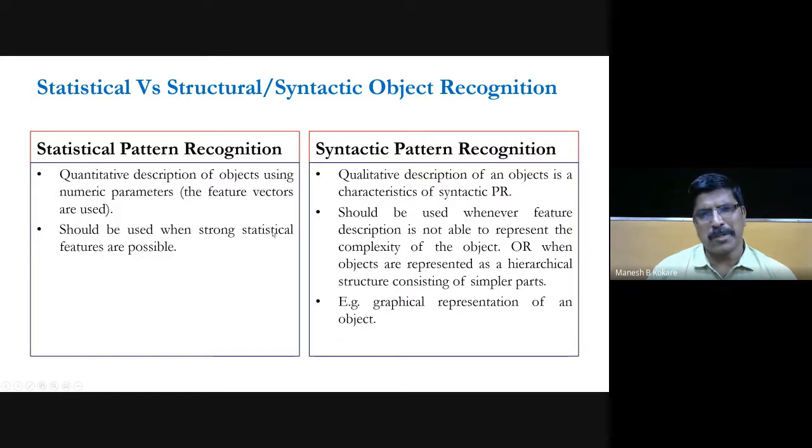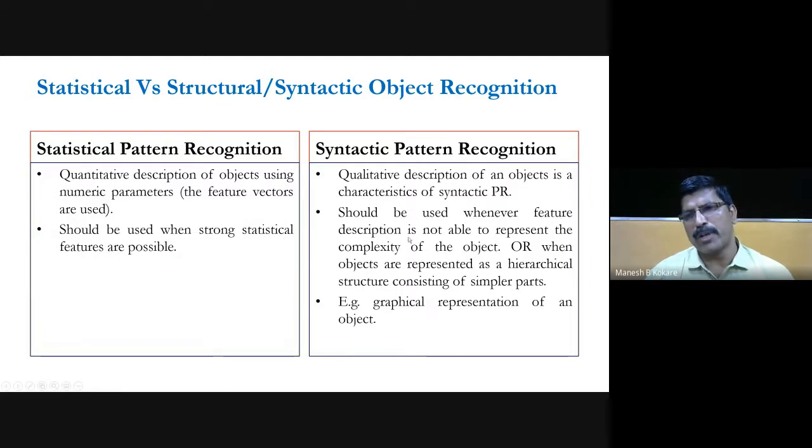Otherwise, if the statistical features are not strong, then classification accuracy or recognition accuracy will be less in that case. Or if a problem is complex, which cannot be represented with the help of simple numerical features, then in that case you can go ahead with syntactic object recognition or structural object recognition, and in that you can use these primitives and so on.